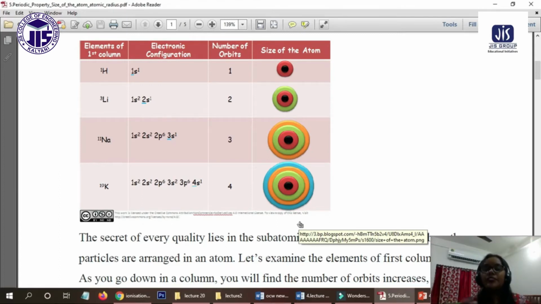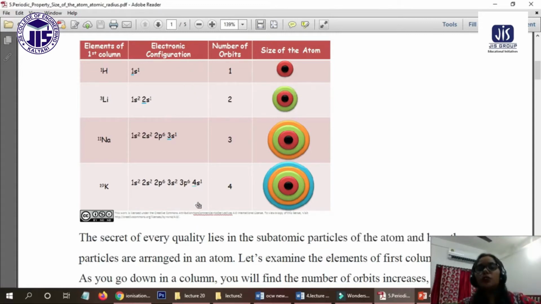The size will expand, so the element will expand, and that's why the radius will increase. So if you go down the group, the radius will increase.